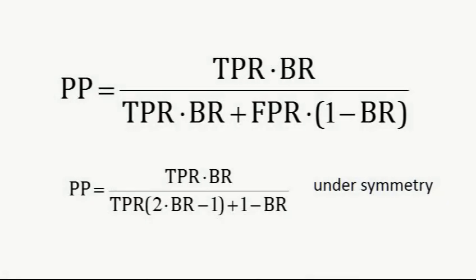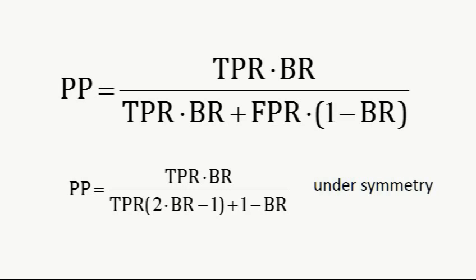As you know by now, the posterior probability depends on three things: TPR, FPR, and BR. And under symmetry on just two things, TPR and BR. This is Bayes' theorem under symmetry, which you get if you replace FPR here with 1 minus TPR.